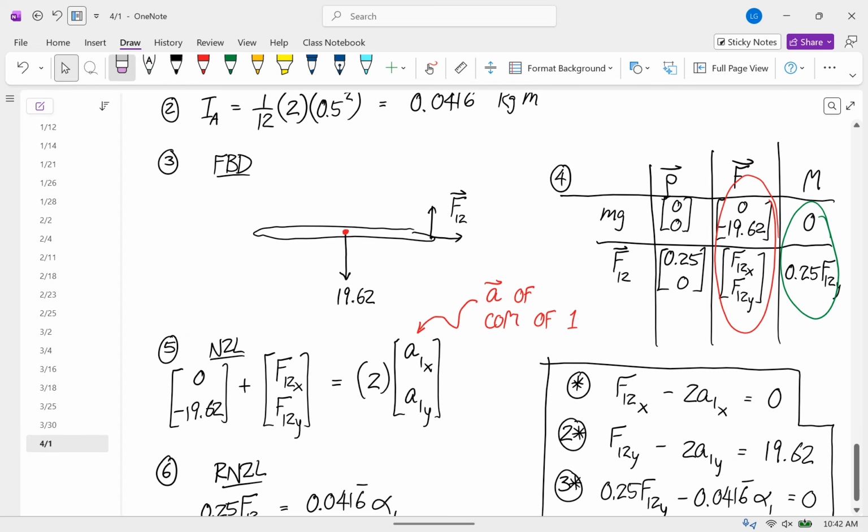So we have 1, 2, 3, 4, 5. So 3 equations, 5 variables. Okay, the variables are F12, that's a vector, so it has x and y components. A1, that's a vector, so it has x and y components. And alpha 1.